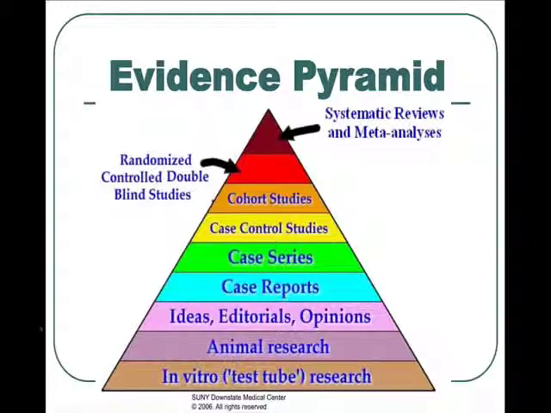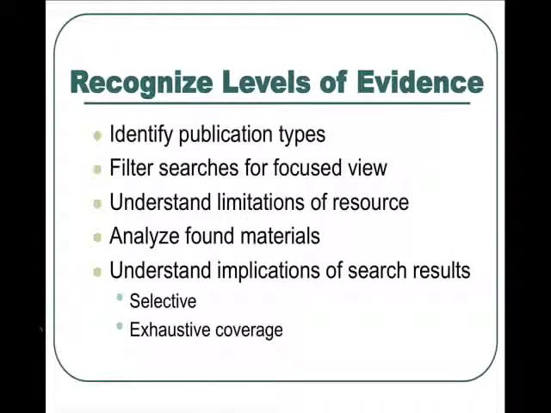You are looking for the best available evidence for your research need. Know how to identify levels of evidence once you find them, sometimes through publication types, as in PubMed or Medline. You can filter by certain levels of evidence.